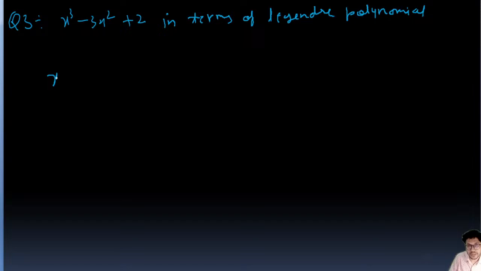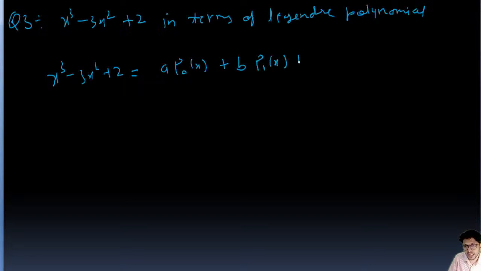So we can write x³ − 3x² + 2 in the form of Legendre polynomials as a p0(x) + b p1(x) + c p2(x) + d p3(x).